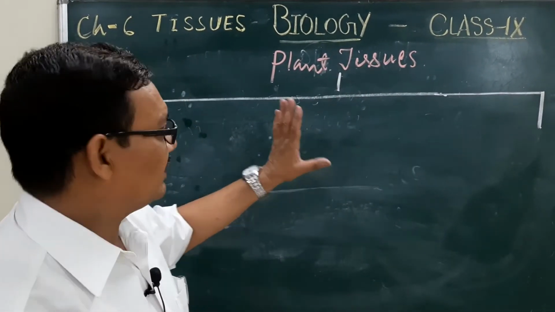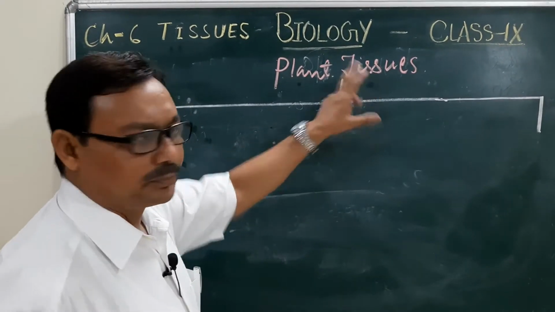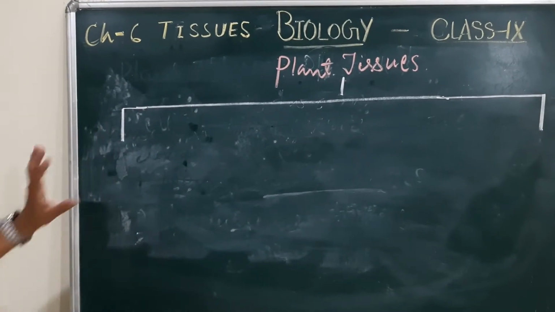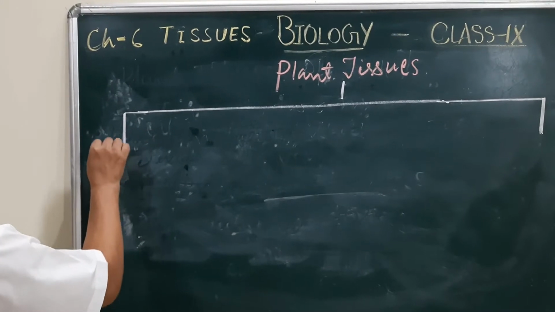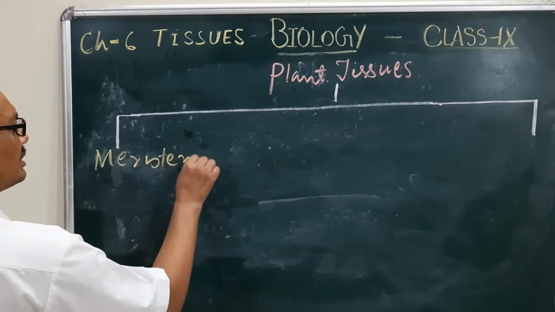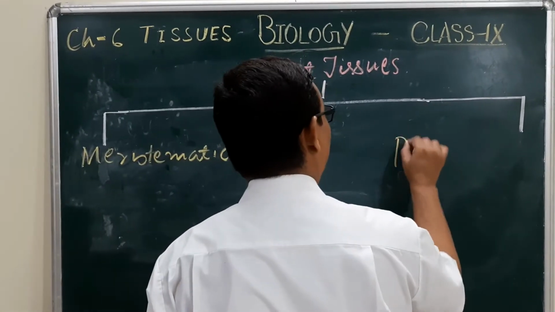Let us see the classification of the plant tissues. Plant tissues, the two main categories. What are those two categories? Number one, meristematic, and number two, permanent.